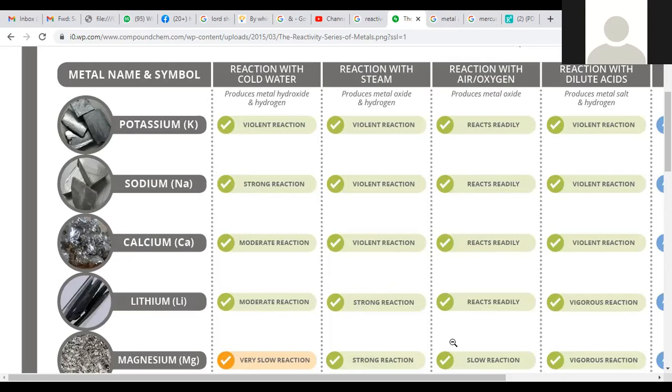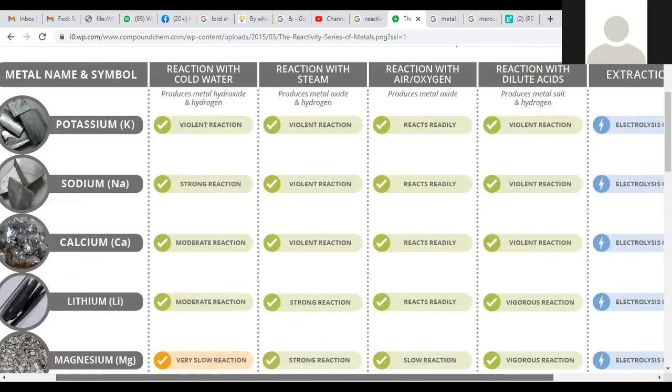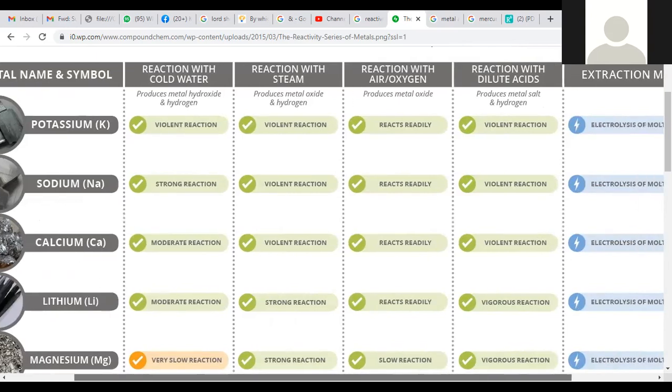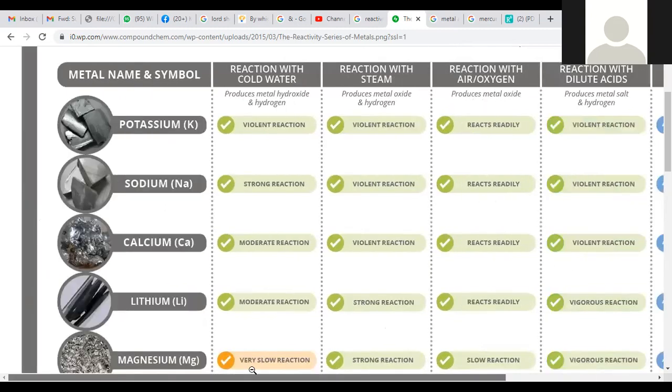The oxygen reaction is also spontaneous in nature, and within fractions of a second you can clearly observe calcium oxide formation. A quick reaction is possible. And next is about dilute acids. Whenever dilute acid is added, the reaction is still vigorous, and again here you can clearly observe evolution of hydrogen gas, and it is also extracted by the process called electrolysis.